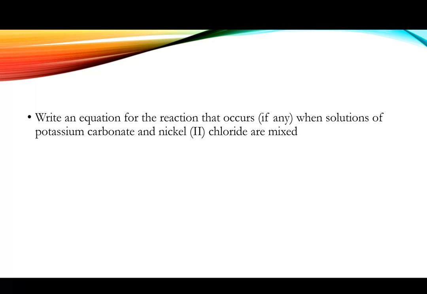We're going to write an equation for the reaction that occurs when potassium carbonate and nickel 2 chloride are mixed. That's going to form potassium chloride, which is aqueous, soluble. Again, let me write that. Soluble means aqueous.